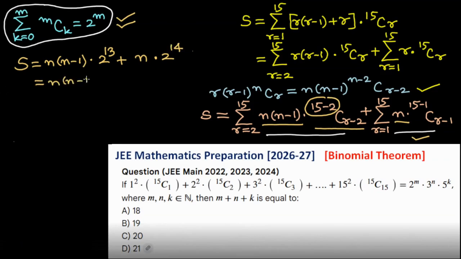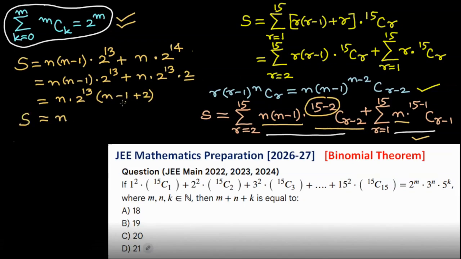So n into (n minus 1) into 2 power 13 plus n into 2 power 13 into 2, taking n into 2 power 13 common into (n minus 1) plus 2. So S will be finally n into (n plus 1) into 2 power 13.